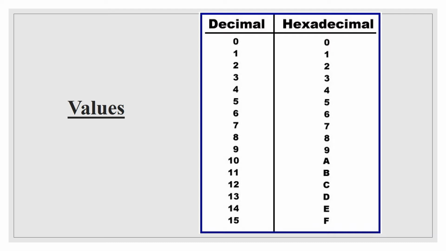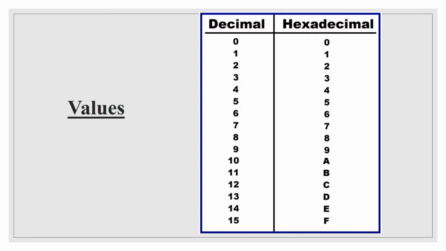Values. Now coming to the decimal and hexadecimal table values. These are some values of hexadecimal and decimal as shown in the table. From 0 to 9, hexadecimal and decimal have the same values.